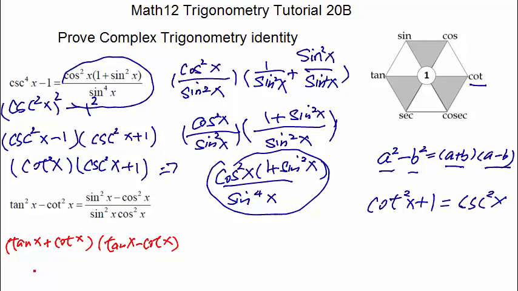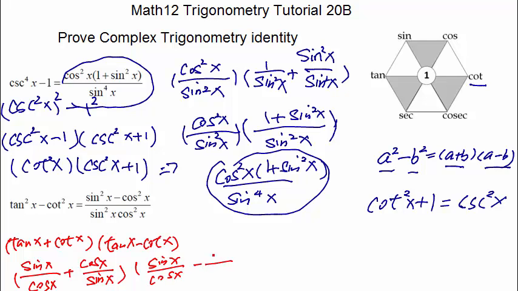Again, we change it to sine over cosine plus cosine over sine. And this one is sine over cosine minus cosine over sine.